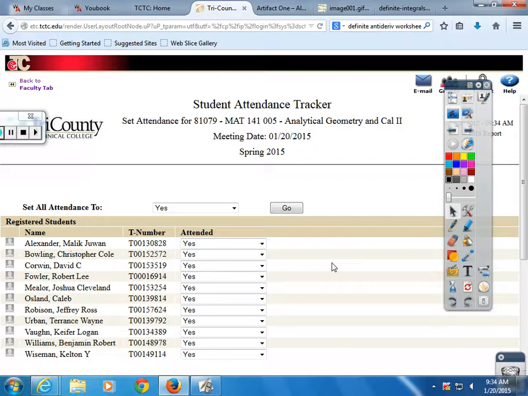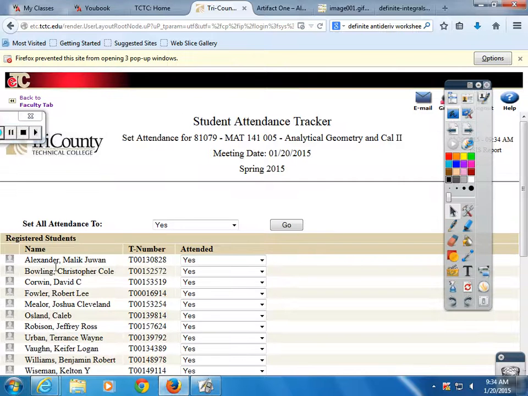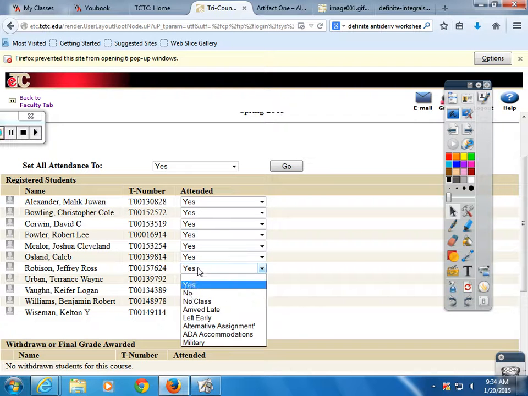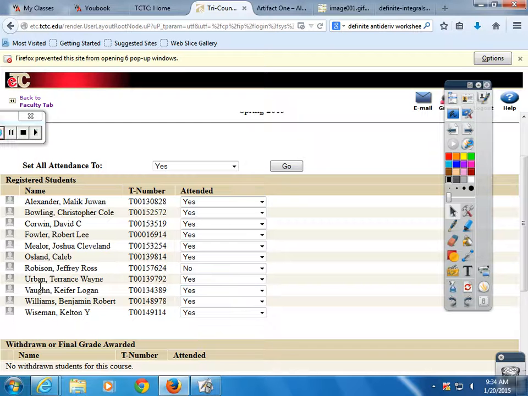Mr. Alexander, Mr. Bowling, Mr. Corwin, Mr. Fowler is here, Mealer, Oslin, Robinson. Urban was here, he left a message. Vaughn, Williams, and Wiseman.